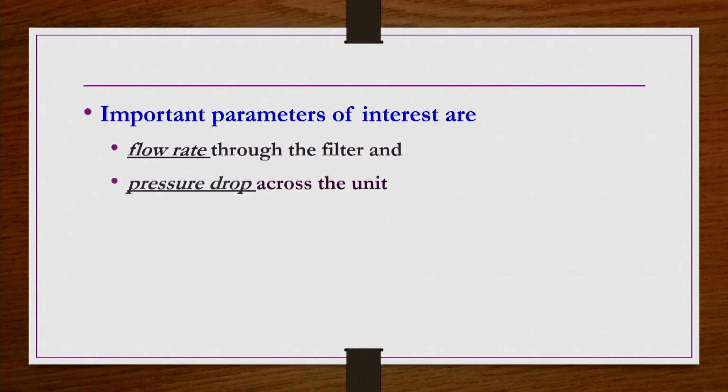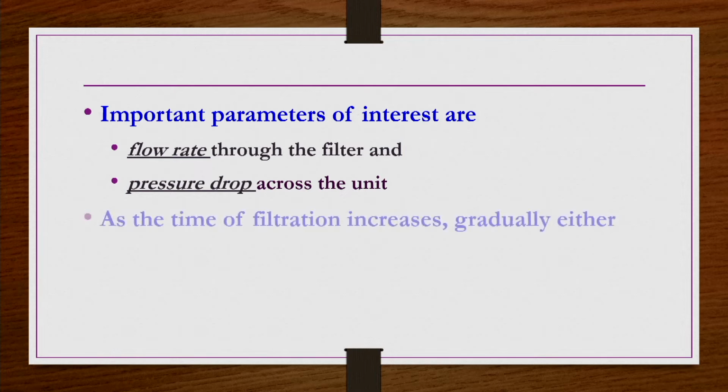So, these are the two important things: the flow rate through the filter and the pressure drop across the unit. And then, as the time of filtration increases, what happens? As I mentioned, more and more particles are deposited on the filter medium, building up a cake, so the cake thickness increases.